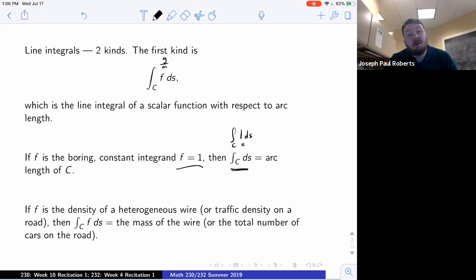But then on the highway, if you're in the middle of nowhere and the cars are more spread out, the number of cars per mile is a lot lower. And so anyway, if you have this integrand f, which tells you the density of cars at particular places on the road, when you do the line integral of this car density, you get the total number of cars on the road. So I think that's a good practical interpretation to help you keep things in mind.